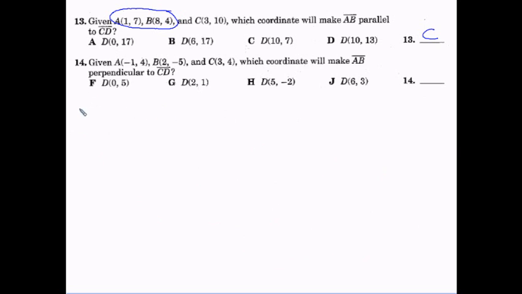So my first slope is negative 5 minus 4 over 2 minus negative 1, which gives me negative 9 over 3, which is negative 3 over 1. So my perpendicular is going to be 1/3.